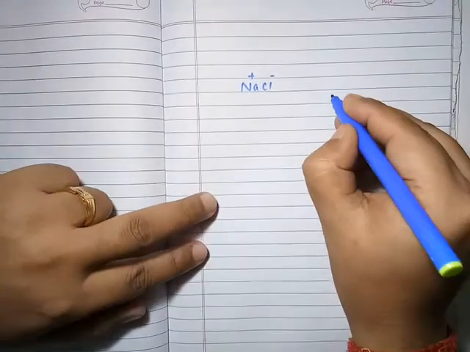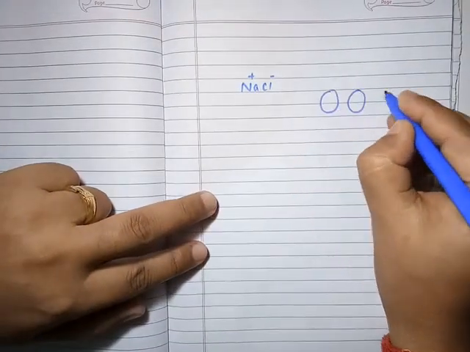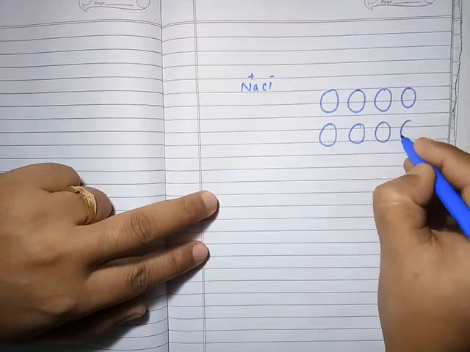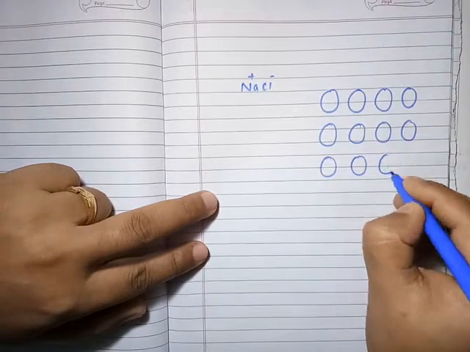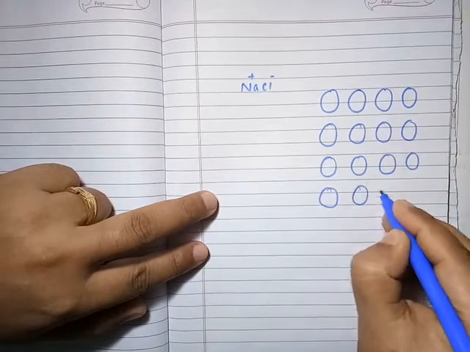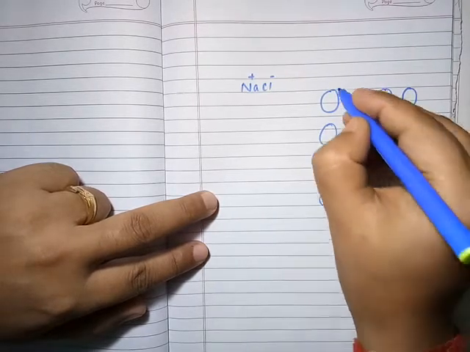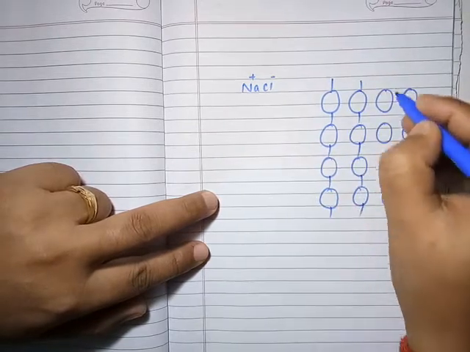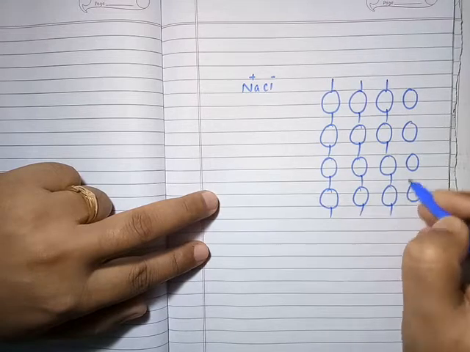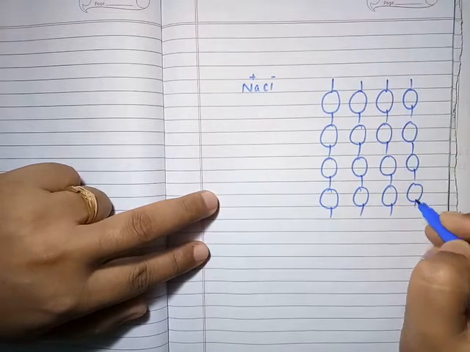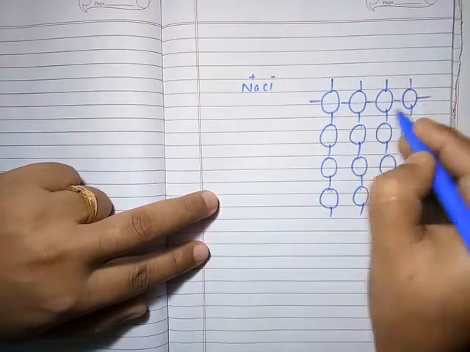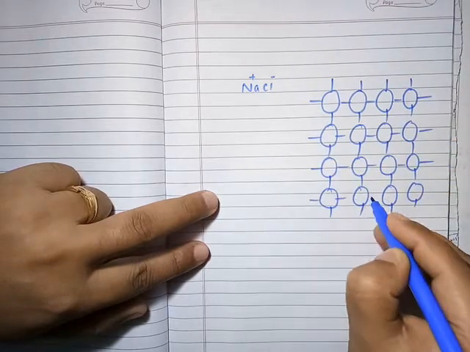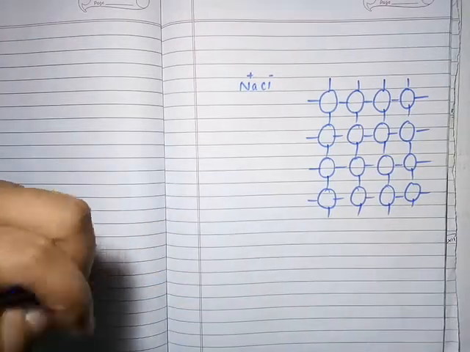Now students, if I draw the lattice positions, what I have here will be the Na plus ions and Cl minus ions.